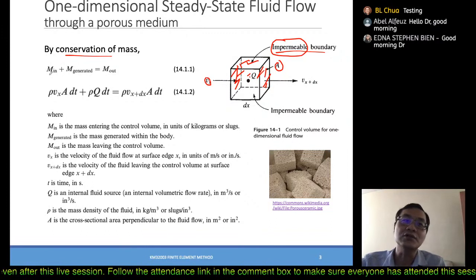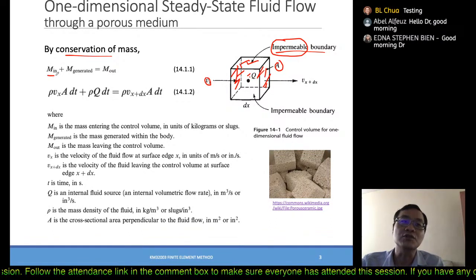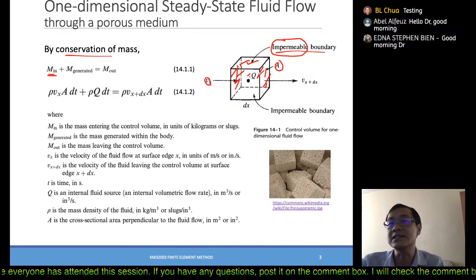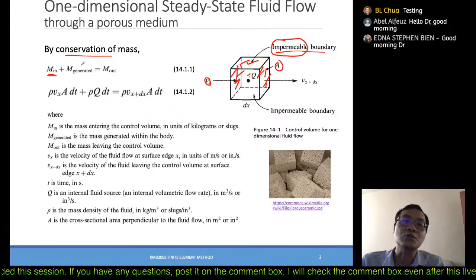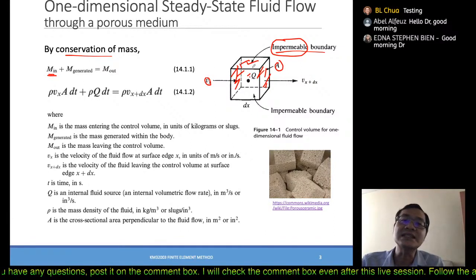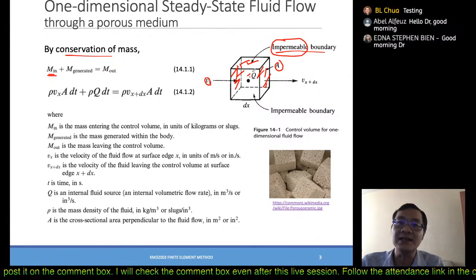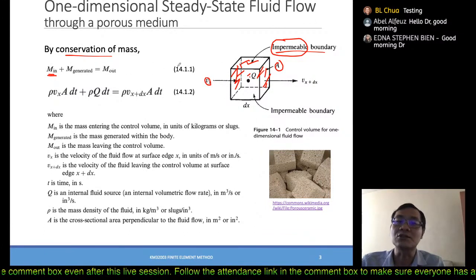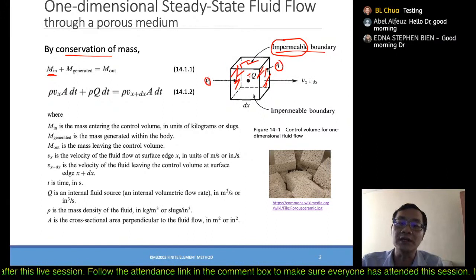So for the conservation of mass, we say that the mass into a control volume, in this case a cube, plus whatever mass is generated inside this volume, if there is any, should be equal to the mass going out of that control volume.